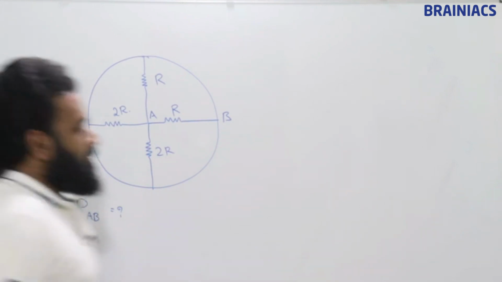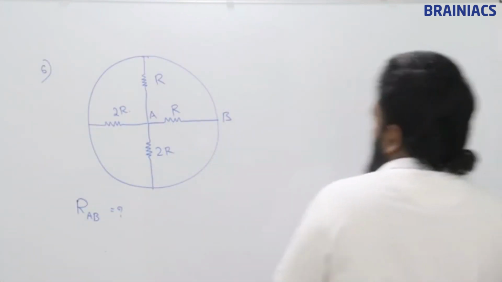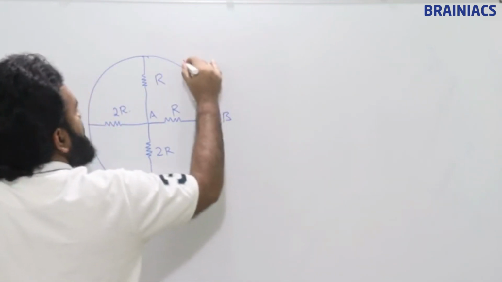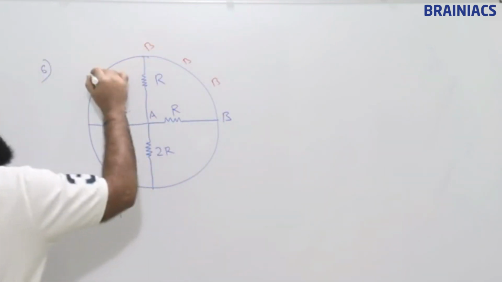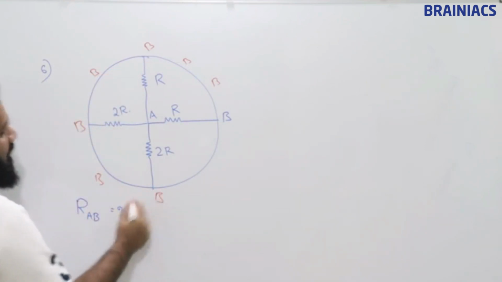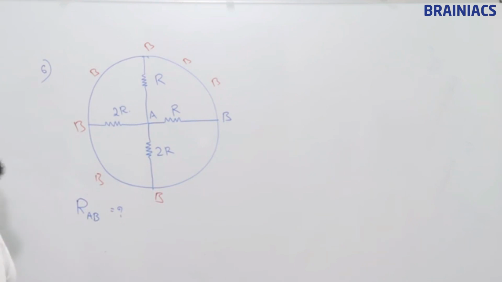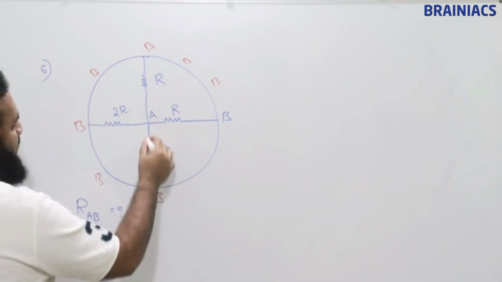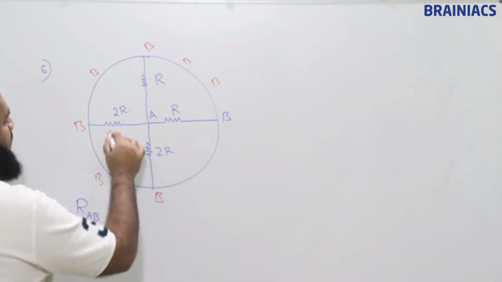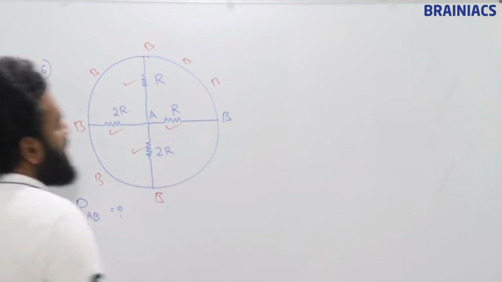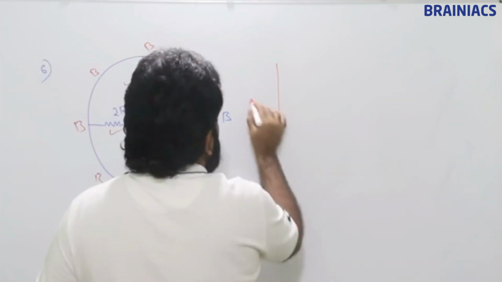Okay, so this is B, B, B, and this is also B, B, this is also B. If we take like that, all these are B. So between A and B 2R, between A and B again 2R, between A and B R, between A and B R. So we can redraw this.